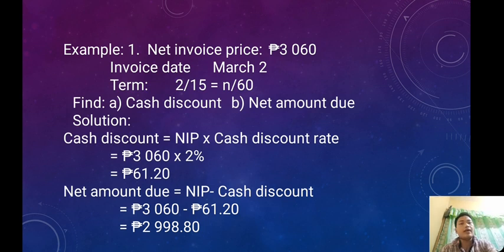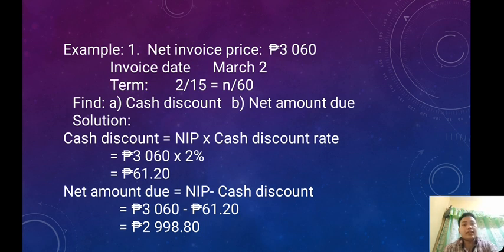That applies if he or she pays within those 15 days. Next, the net amount due is equal to NIP, or the net invoice price, minus the cash discount. So we simply get the difference of the NIP and the cash discount.